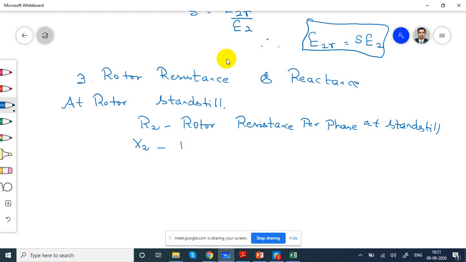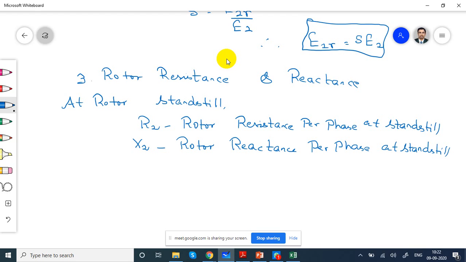X2 will be the rotor reactance per phase at standstill.